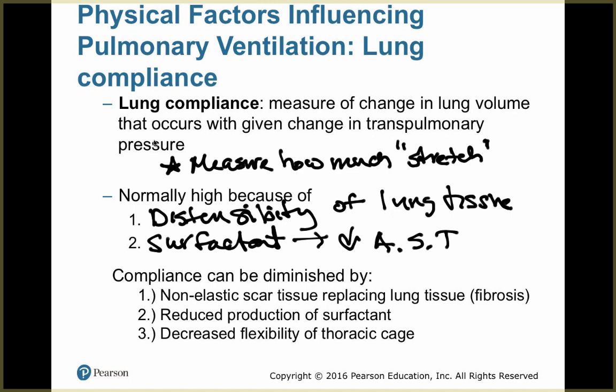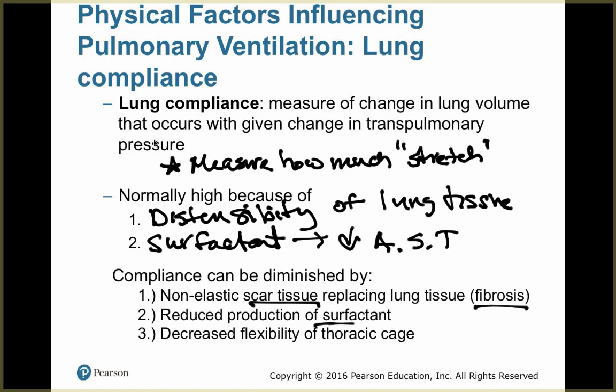So compliance can be diminished by scar tissue, right? And that's fibrotic tissue. That has a lot more fibers like collagen versus elastin, and so it doesn't have as much give. So you're not going to be able to have this stretch.